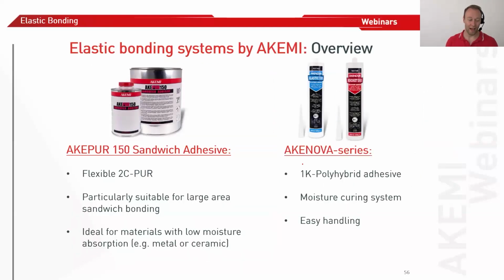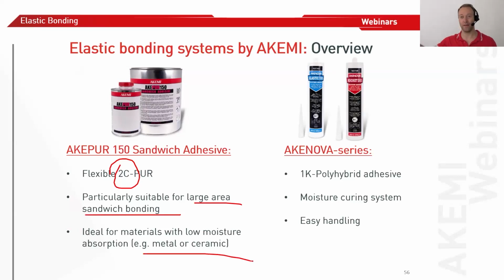cured. Good. We are nearly at the end of our webinar. Just an overview again: these are the two systems we have for our elastic bonding at Akemi. The AKEPUR 150 Sandwich Adhesive, a two-component product, is for large area sandwich bonding, especially metal or ceramic, as one of the viewers asked. When I have large areas of metal to ceramic and I want a full flat application, then we go for the AKEPUR 150. If it is okay to do some lines where some air goes through, or for all other applications, we go for the one-component AKENOVA Series, polyhybrid adhesive.